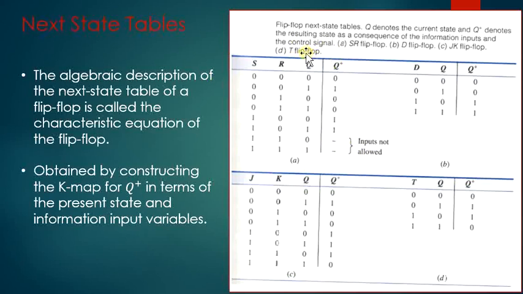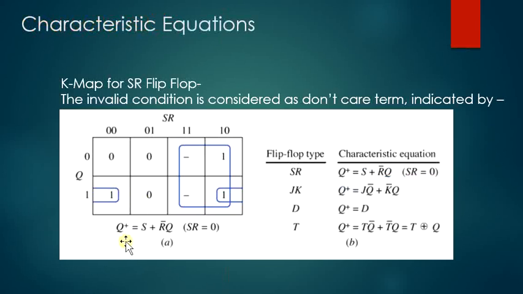So from this particular function table, I yield Q plus to be equal to S plus R bar Q, that is obtained by combining the various groups in the Karnaugh map.